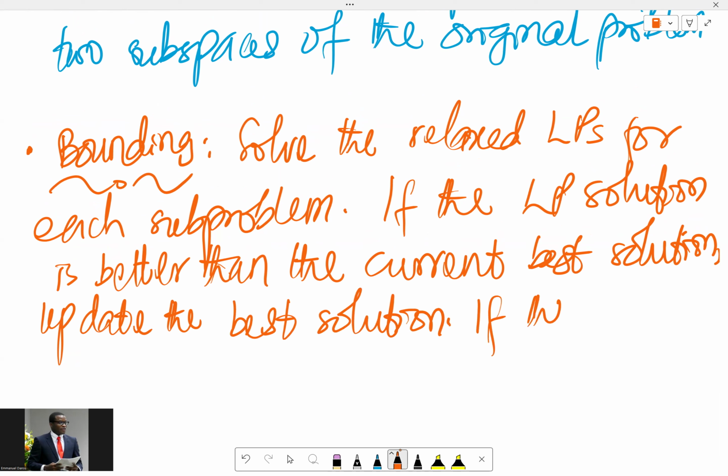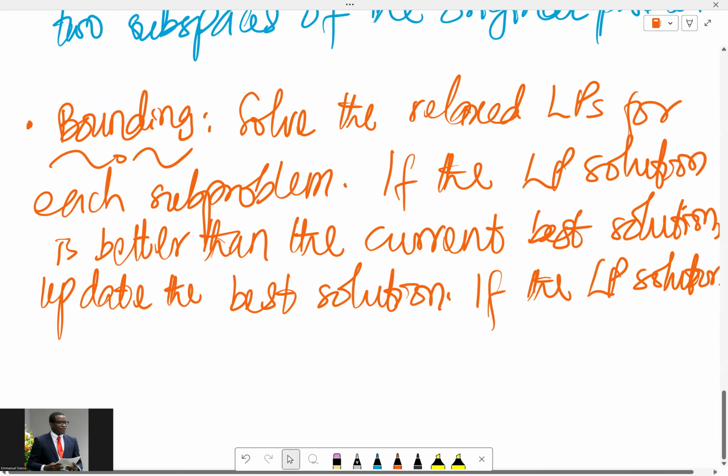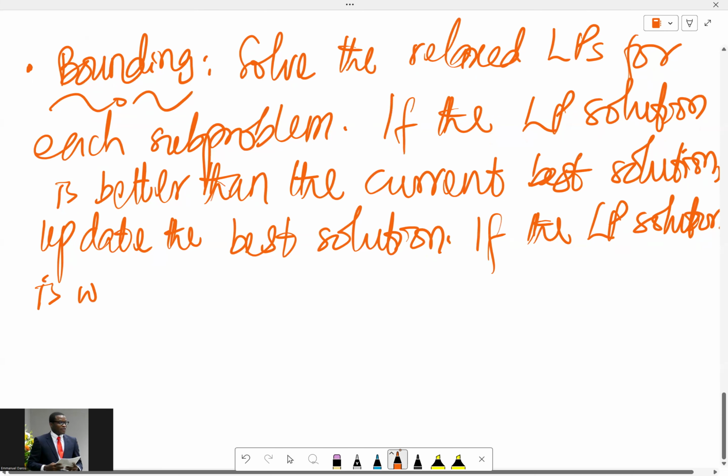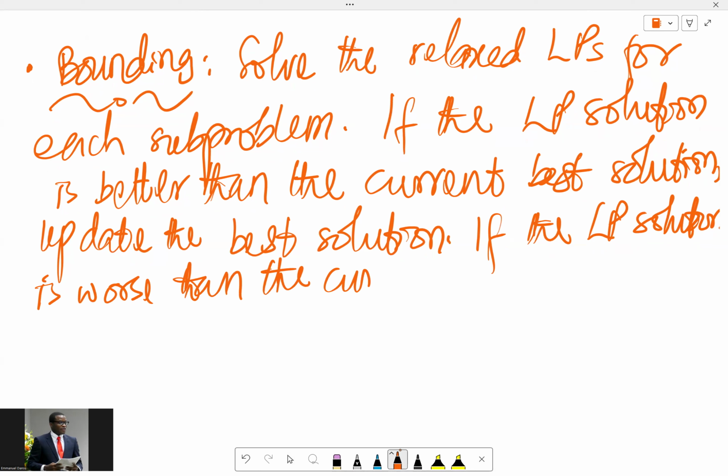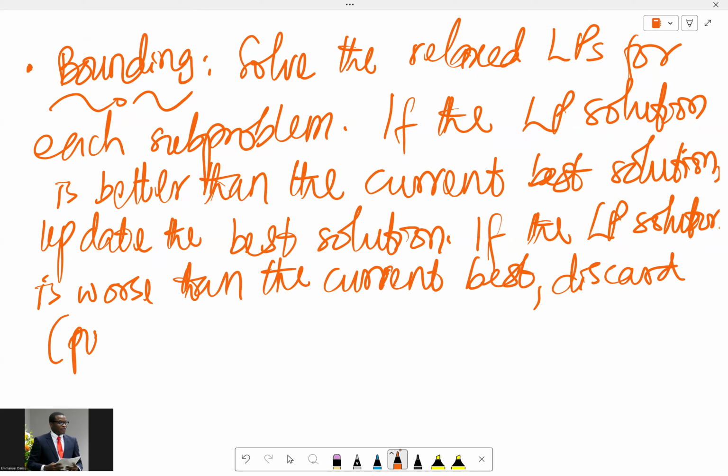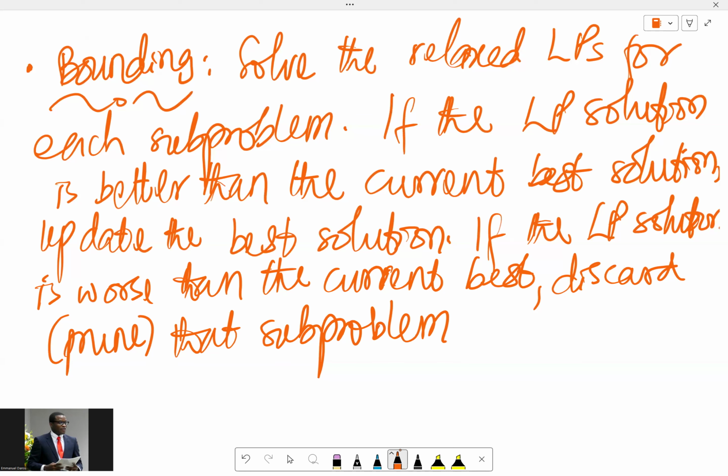But if the LP solution is worse than the current best, then you discard or prune that subproblem.